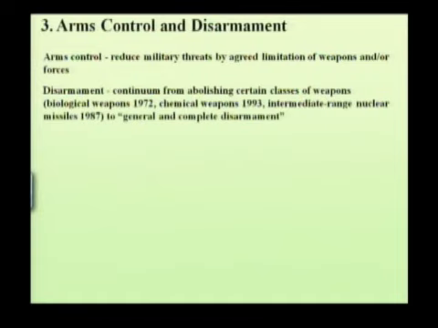So it's a continuum, from abolishing certain classes of weapons. We have a general ban valid in the Biological Weapons Convention. States must not have biological weapons. They must not only not have them, they must not develop them. Same holds for chemical weapons.